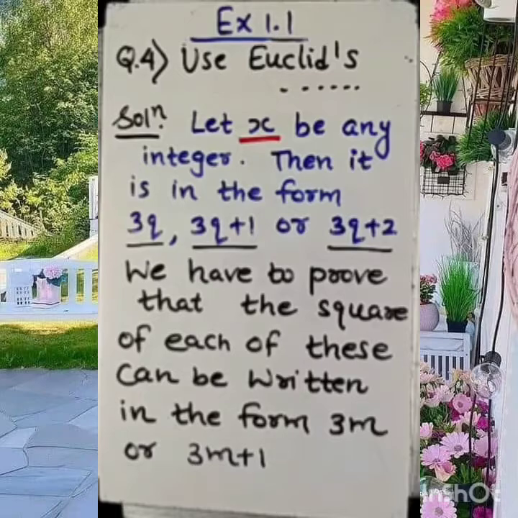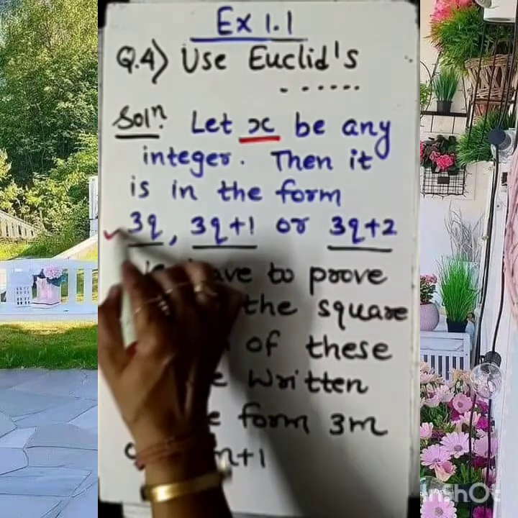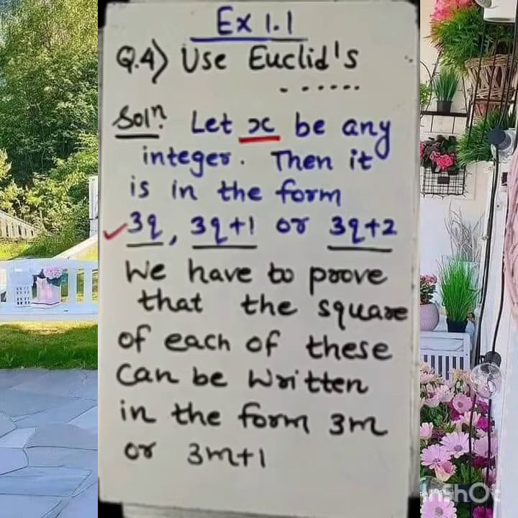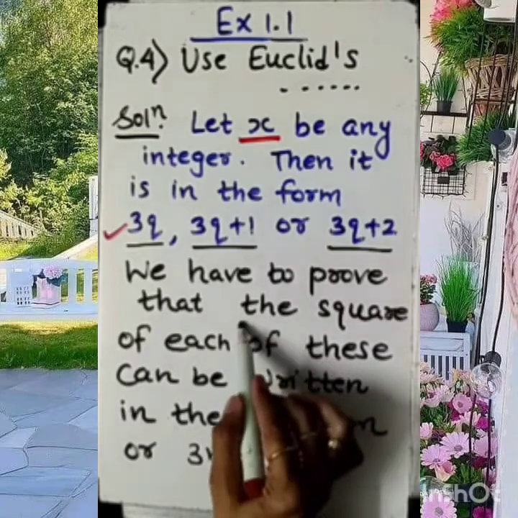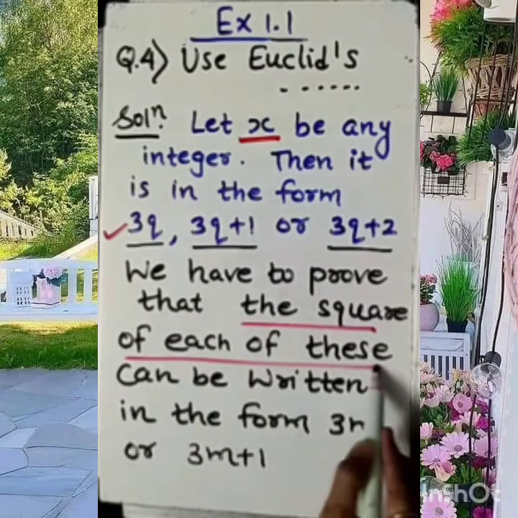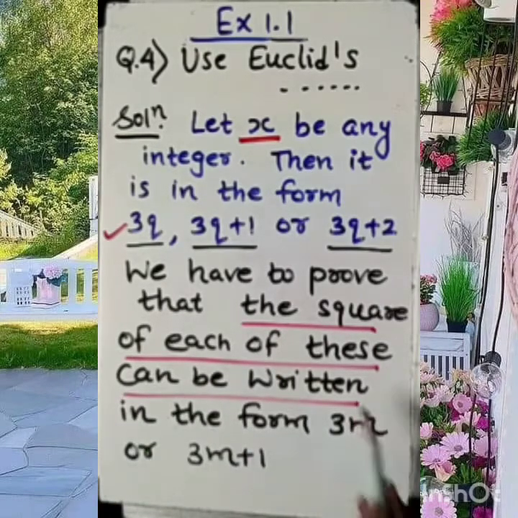It is in the form of 3q, 3q plus 1 or 3q plus 2 according to the lemma. We have to prove that the square of each of these can be written in the form 3m or 3m plus 1. Now we need to find the square of these three numbers. Let's see how to do it.